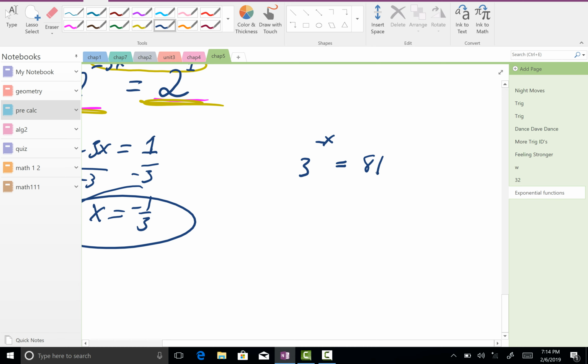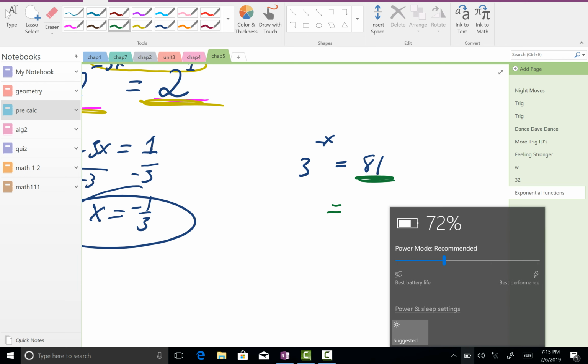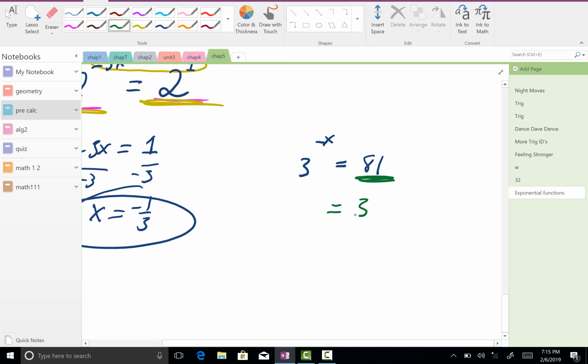All right, so now what I have to do is figure out, well, how do I get this to be written as a power of 3? So how do we get 81 to be written as a power of 3? What's that going to look like? Well, let's see.